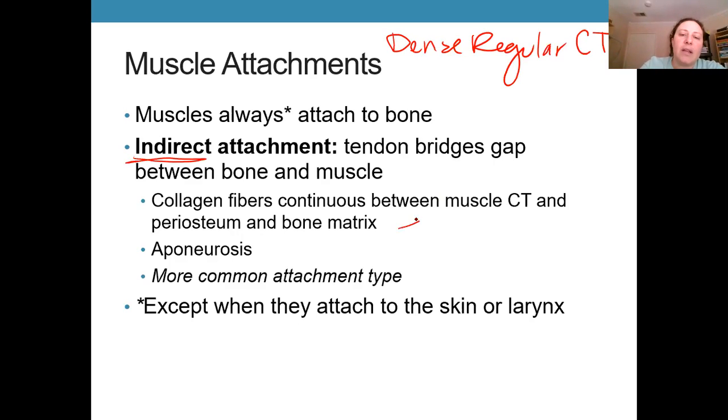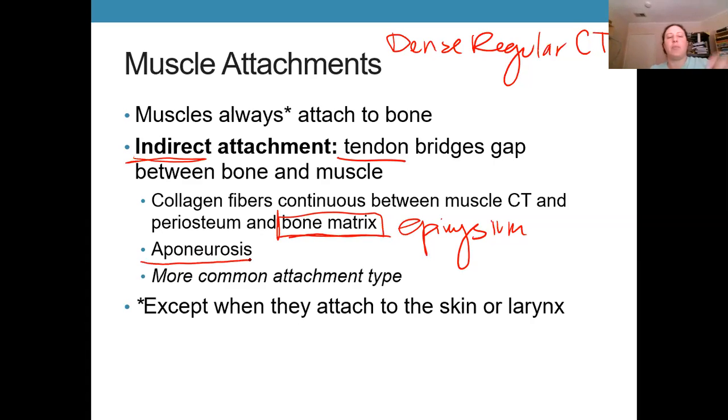So from the epimysium to the periosteum and all the way into the bone matrix, we have a continuity of collagen fibers. It makes for very strong attachment types. So when it's a round ropey thing, we call it a tendon. When it's a flat indirect attachment, we call it an aponeurosis. These are the most common types of muscle attachments.